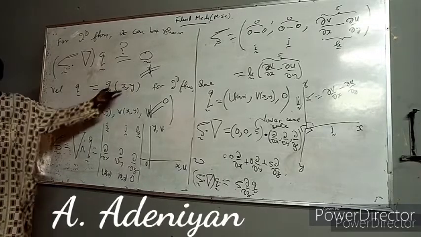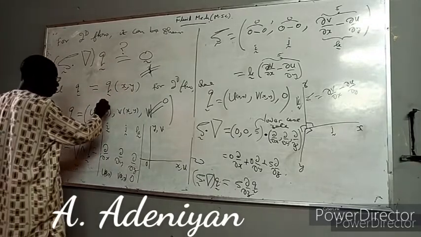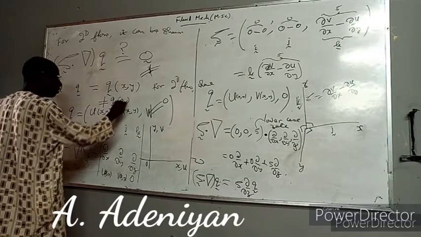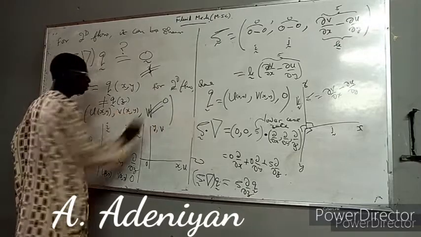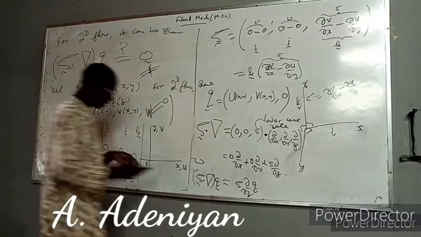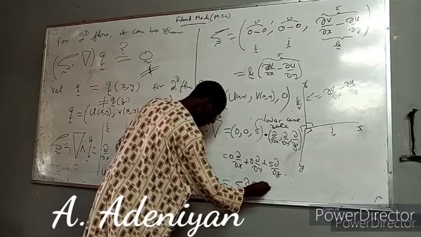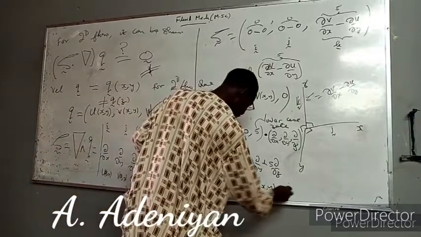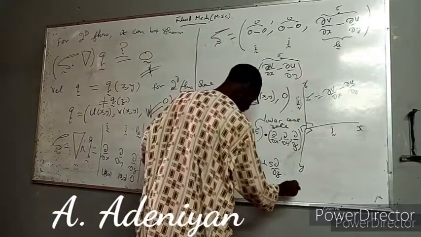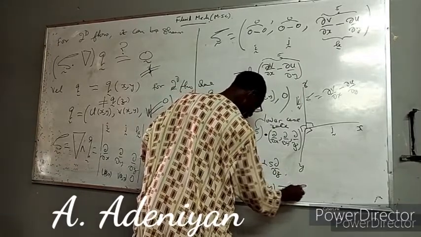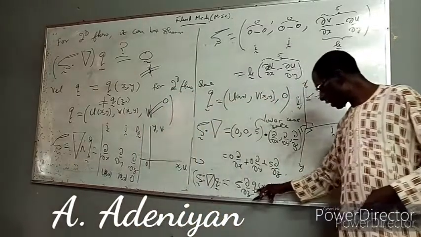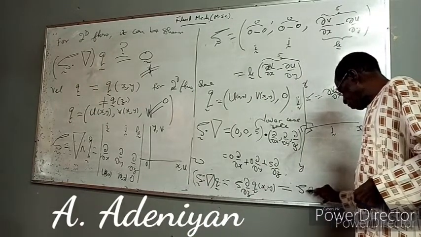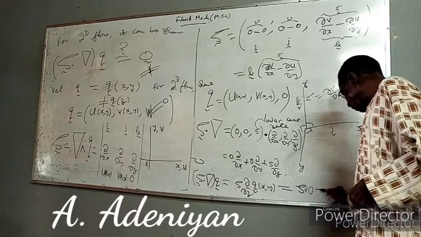It does not depend on z, because z is absent here for our 2D flow. Q is indeed a function of x and y. So when you differentiate a function of x and y relative to z, the answer is definitely 0. If you use 0 to multiply this, the result is 0.